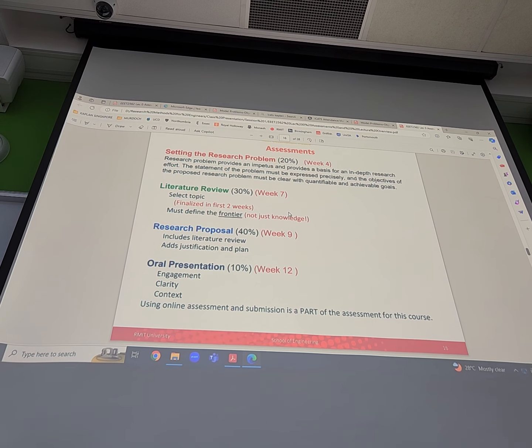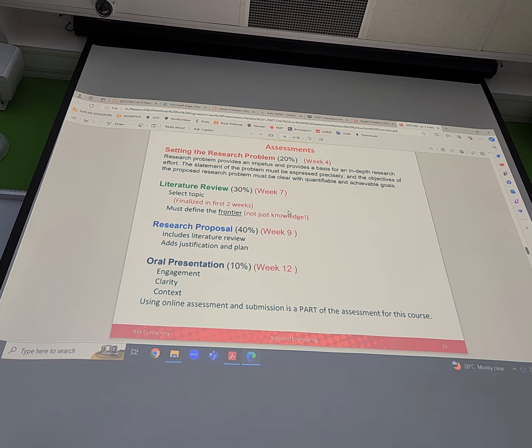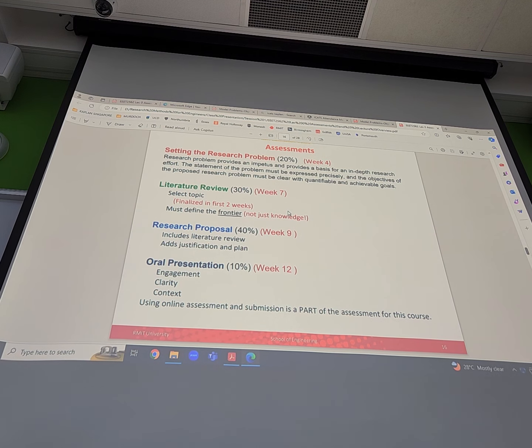So this is your assessment, right? Your first part is the research problem, setting the research problem. Second part is literature review. The third part is research proposal. The Gantt chart which I just showed you should be part of this research proposal.